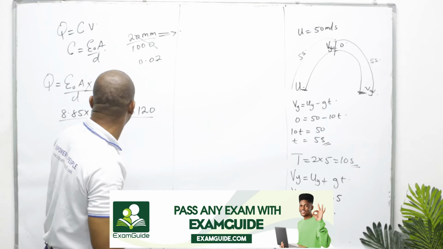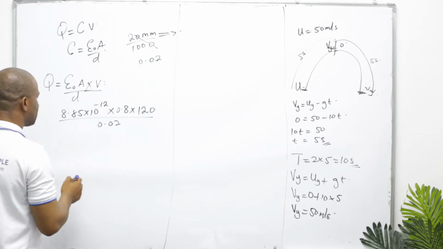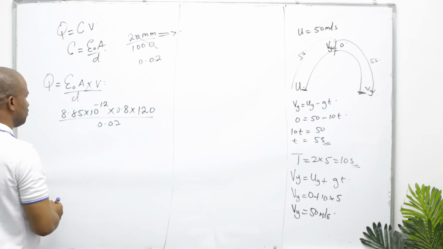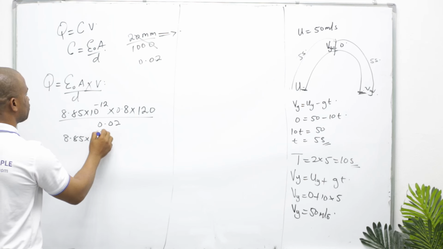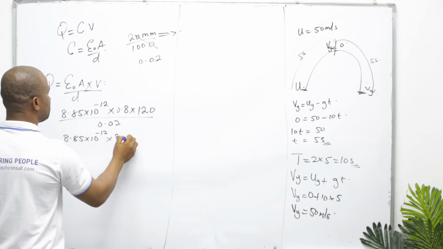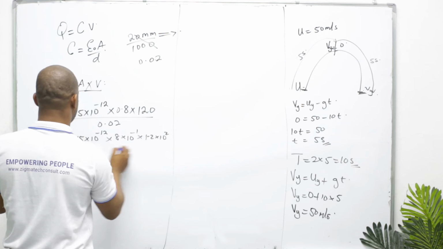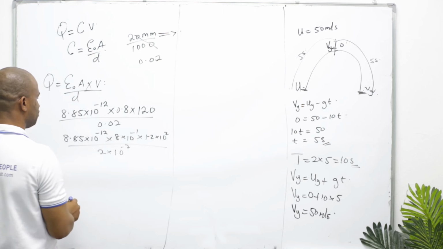So we go into multiplication. Let me convert all this to indices. I have 8.85 times 10 raised to the power minus 12 times 8 times 10 raised to the power minus 1 times 1.2 times 10 raised to the power 2, all over 2 times 10 raised to the power minus 2.